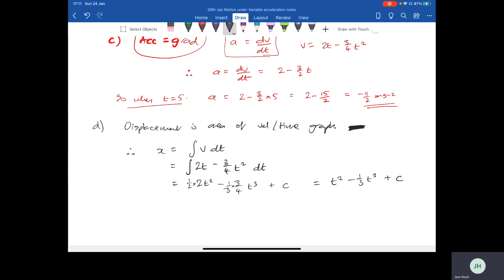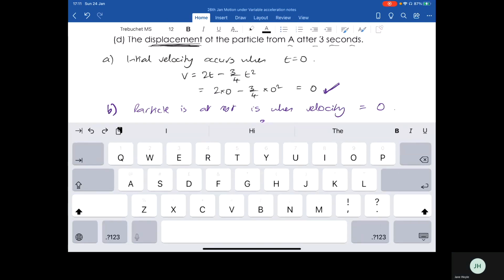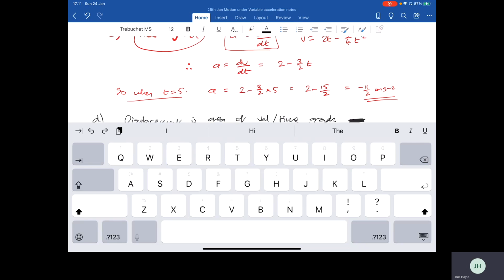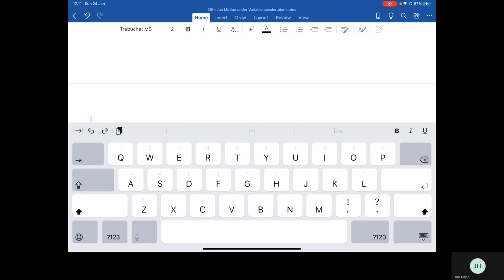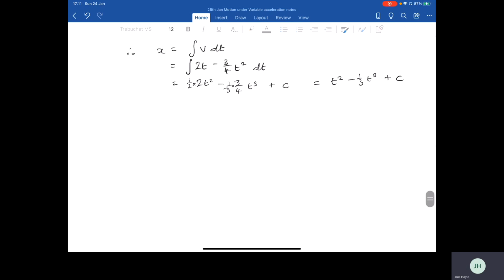Now, this is a displacement. So I want to get some extra room. Okay, good. On to another page. So this is a displacement.